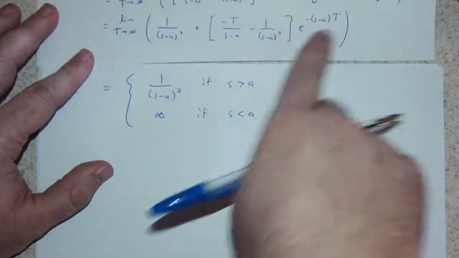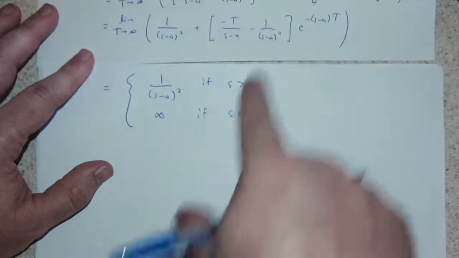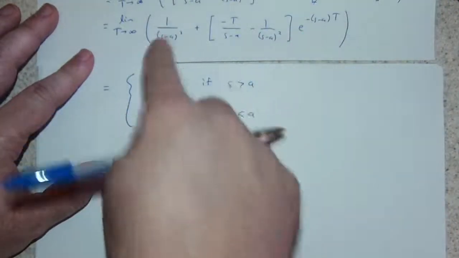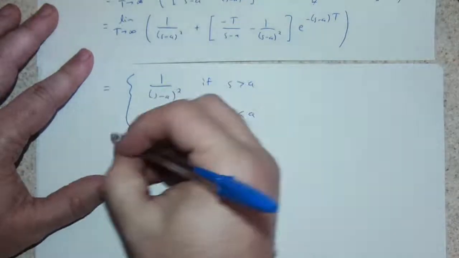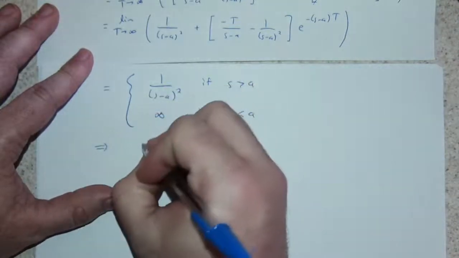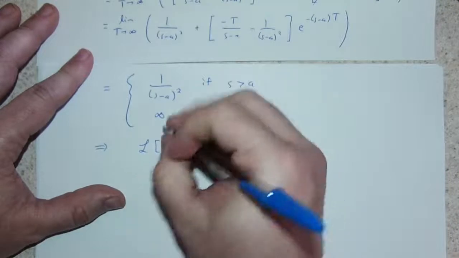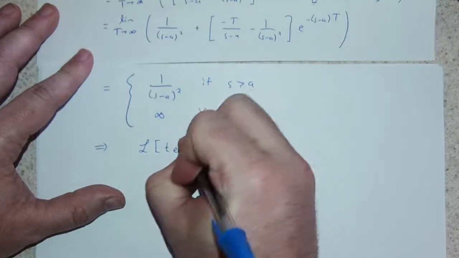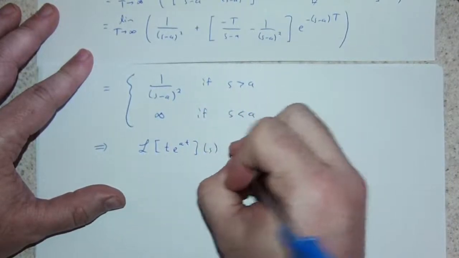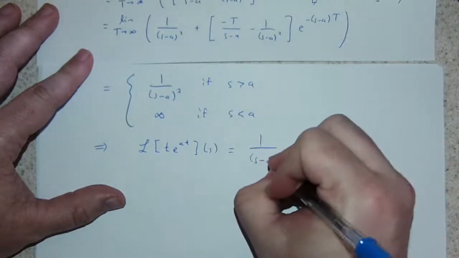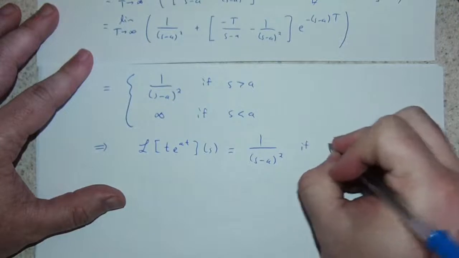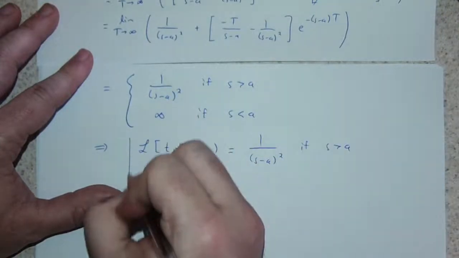So this term is either going to infinity or it's going to 0. So if it's going to 0, then 1 over s minus a squared is all that's left. Okay. All right, so let's see. So then another way of writing this is to say that the Laplace transform of t e to the at of s is equal to 1 over s minus a squared if s is greater than a.